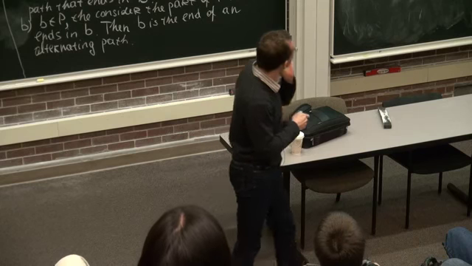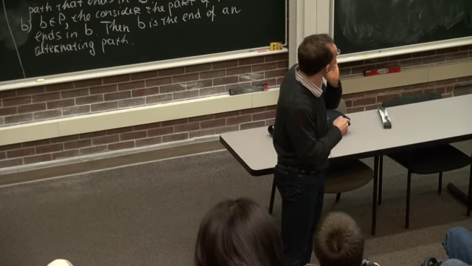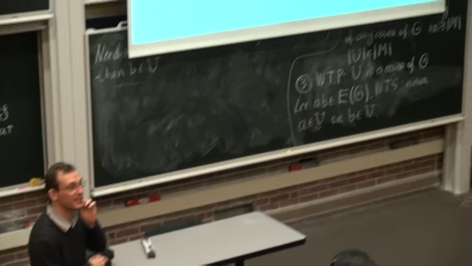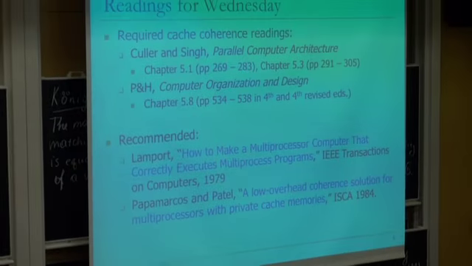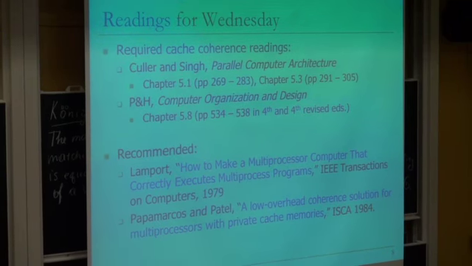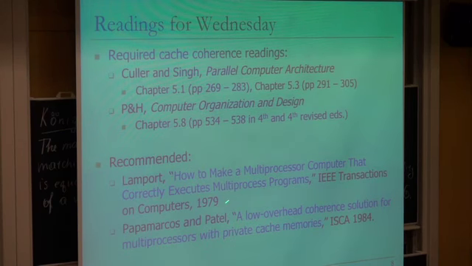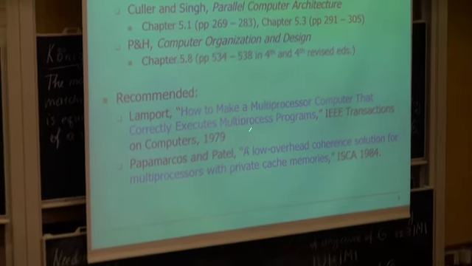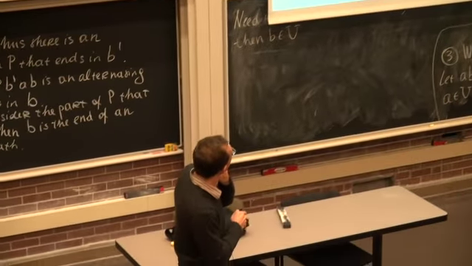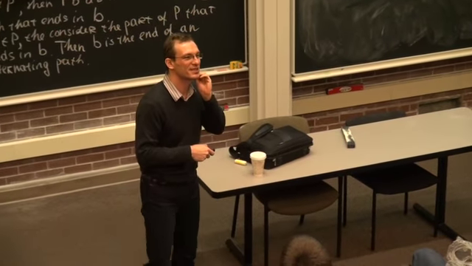But we have some recommended readings also, some seminal papers. This is the first paper that introduced the MESI cache coherence protocol, a variant of which is implemented in many processors today. And this is a 2-page paper, so maybe I'll consider making it a required reading. This is the first paper on how to make a multiprocessor computer that correctly executes multiprocess programs.